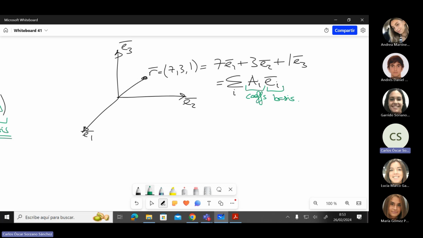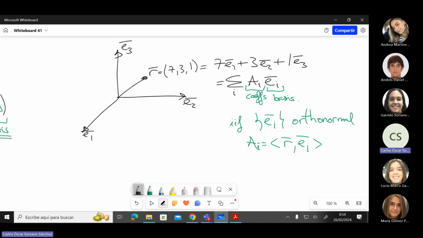If and only if my basis is orthogonal, then the a_i is the inner product between your vector, call it R, and my basis.